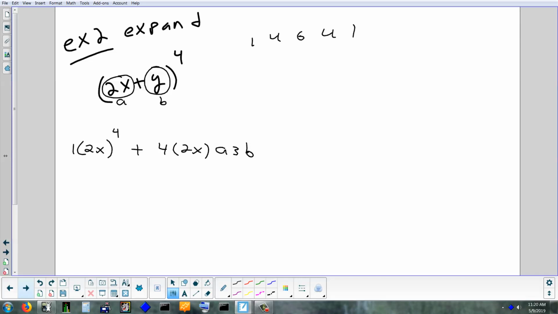That's good. But this A3b, I'm not sure about that. But we'll have the 4 and the 2x, that's good. Yeah? You cube the 2x, and then just a y to the first.